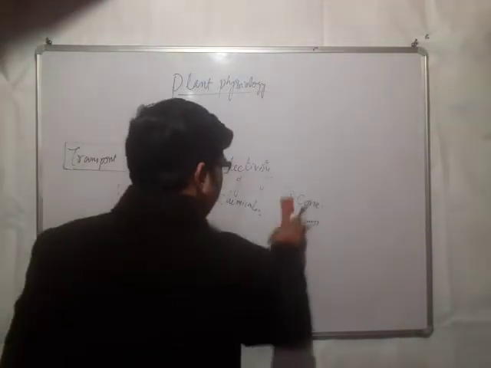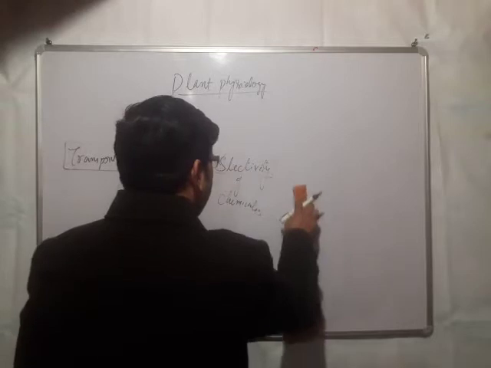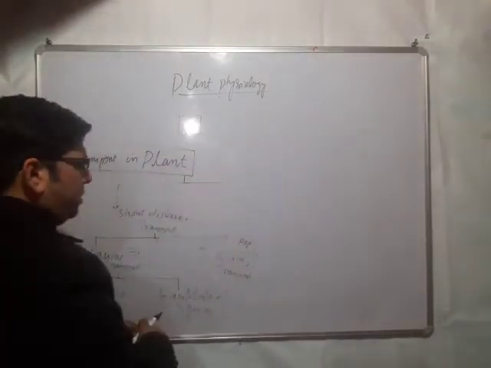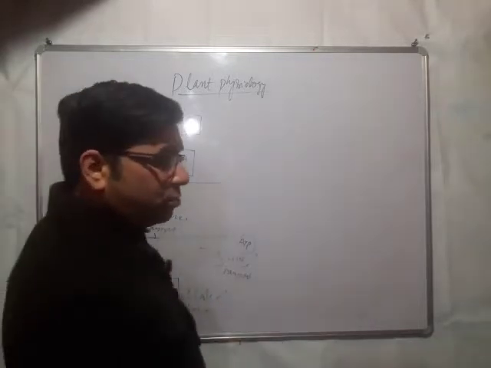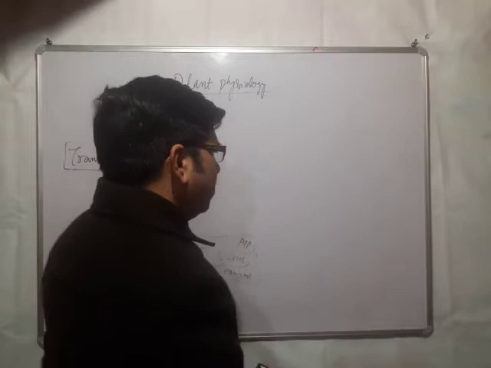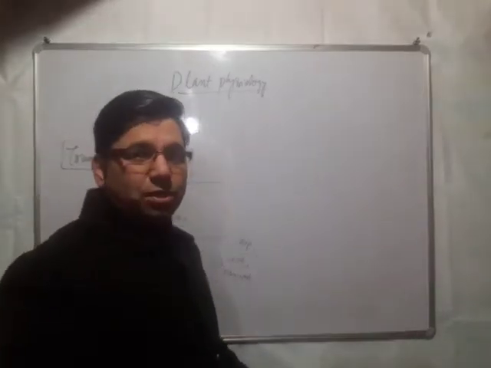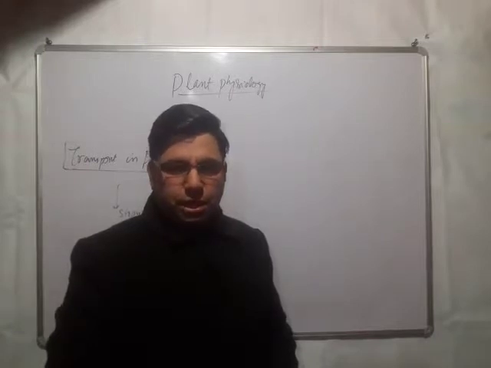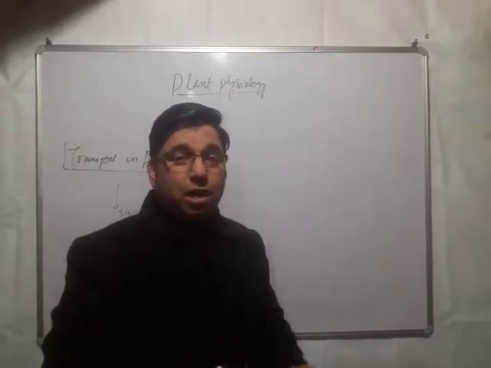Now we have one more, which is called active transport. Because it is active, it uses energy. Why does it use energy? Because the movement of the molecule is opposite to the concentration gradient. It is an uphill task.